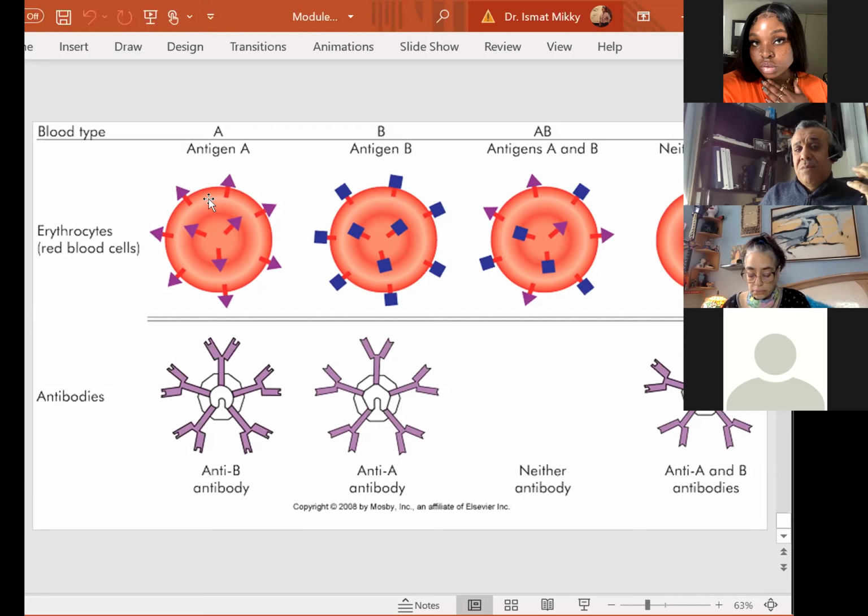So if you made an error and brought blood type A to this patient to be transfused, then automatically you will see a transfusion reaction, because their blood has anti-A antibodies that are going to attack this RBC because it has A antigen. And the same thing will happen with AB, because the cell also has A antigens.